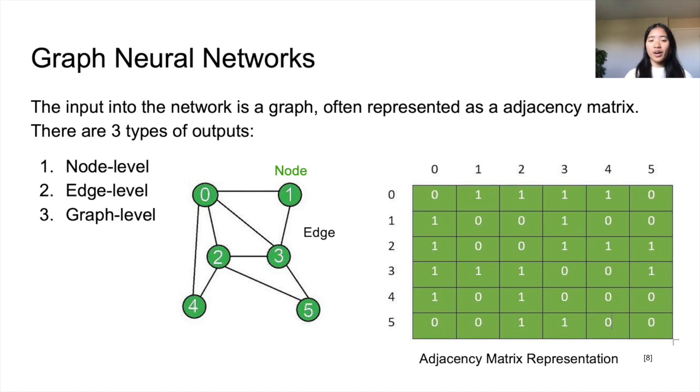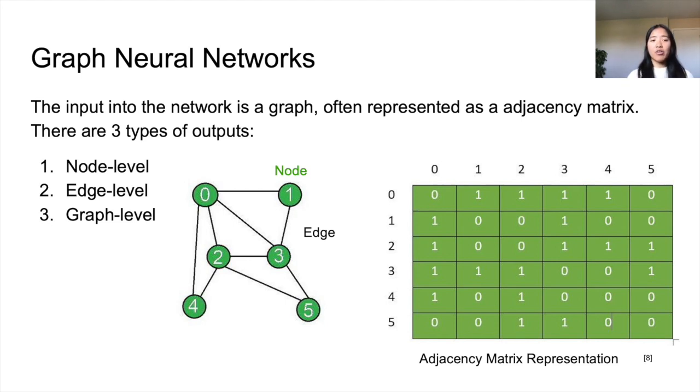Now, when we input this adjacency matrix into our graph neural network, there will usually be 3 outputs. I will go through an explanation and an application of each type of output in the next few slides. But as a brief overview, the first one is a node level output. This output will give you an indication or value related to the nodes, and this is really useful when you want to categorize or classify these nodes.